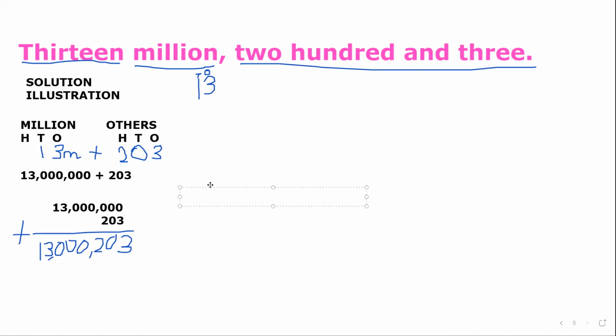So the answer is, therefore, 13,203,000. Okay, let me bold it well. Okay, that is the final answer. Are you okay? Good. So always identify the group names, and then you write the names of the group to record the numbers. Okay, good.